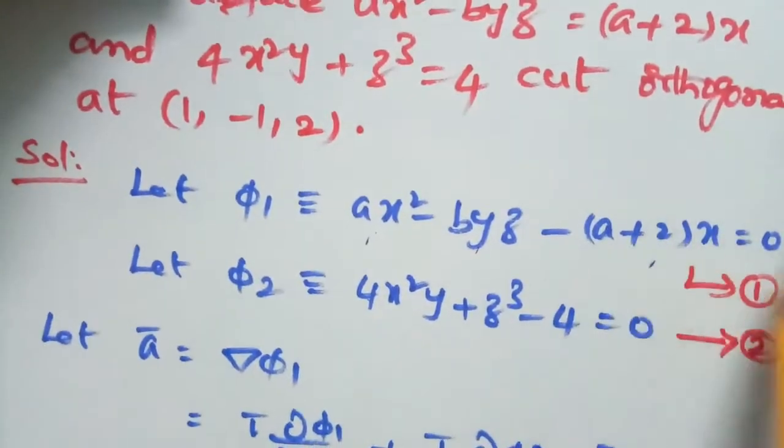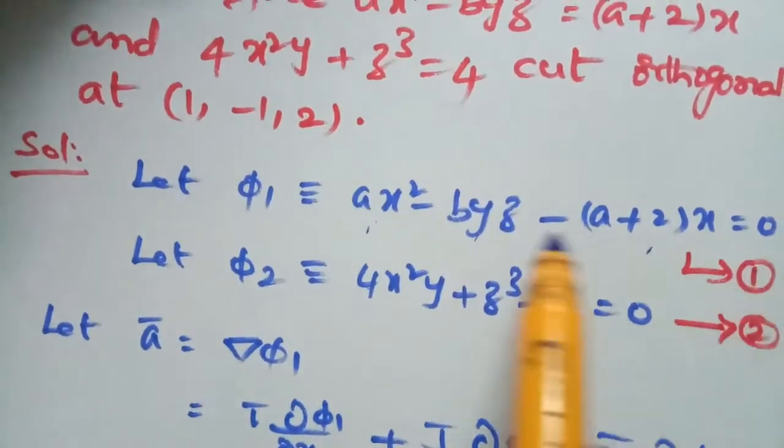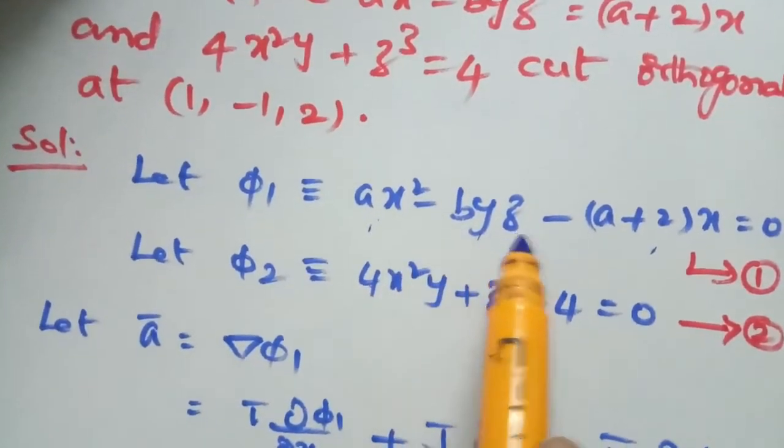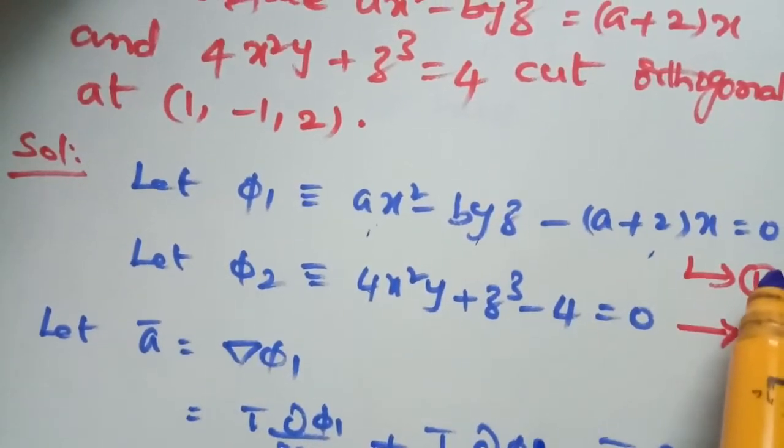That means we are writing (a + 2)x on the right hand side. Therefore, ax squared minus byz is equal to (a + 2)x.